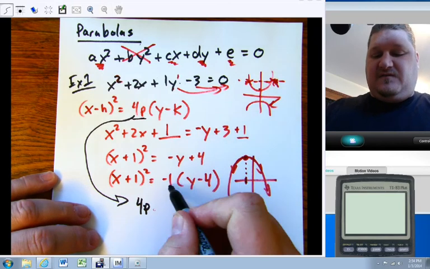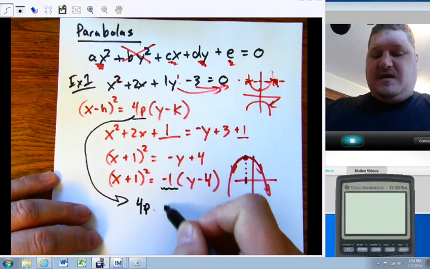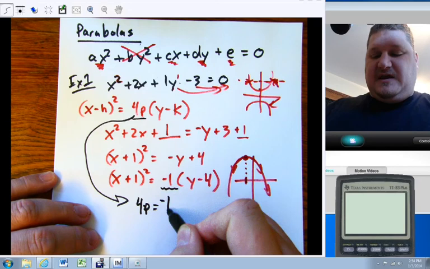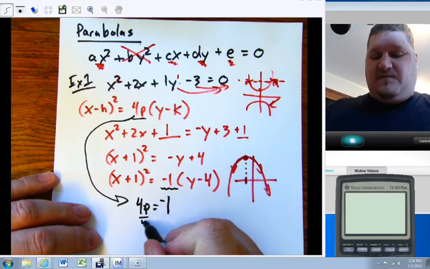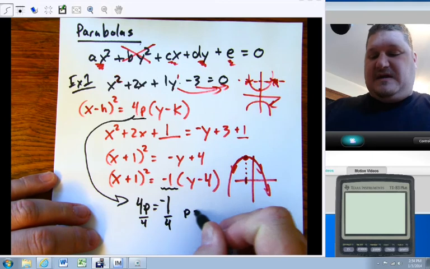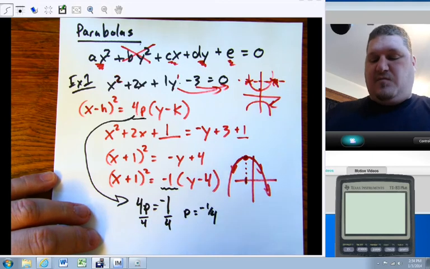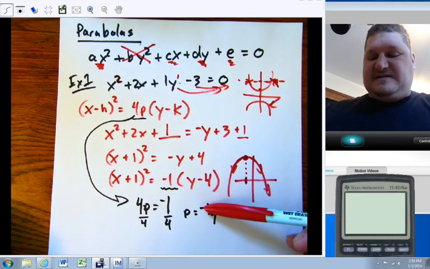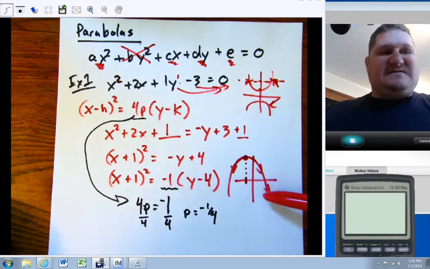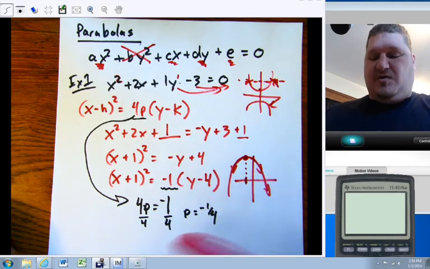So what's in front of our y parenthesis? Negative 1. So 4p equals negative 1, meaning that if I solve, p equals negative 1/4. The negative simply indicates that it's going to go down, opposite of its intended direction. So we got that part already.